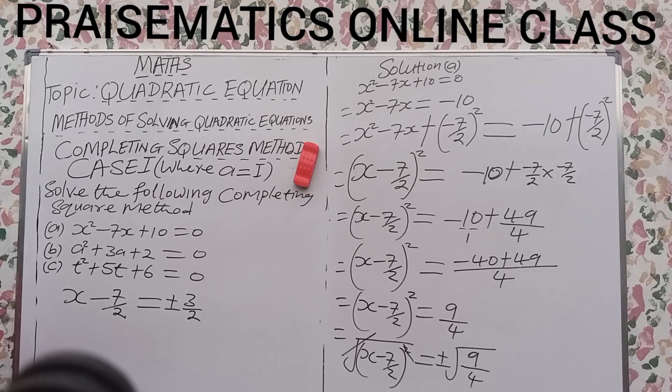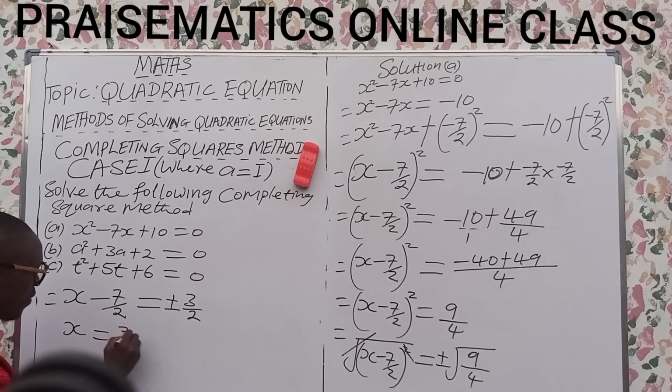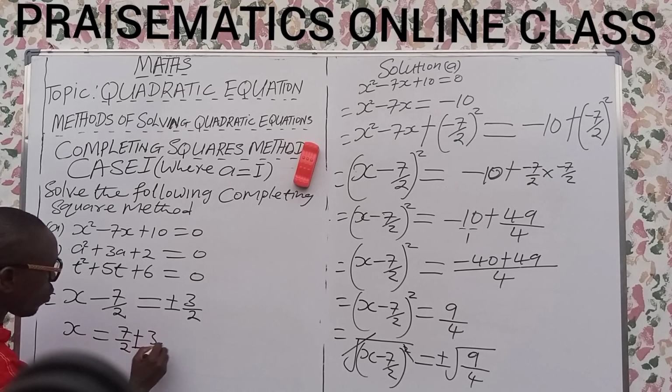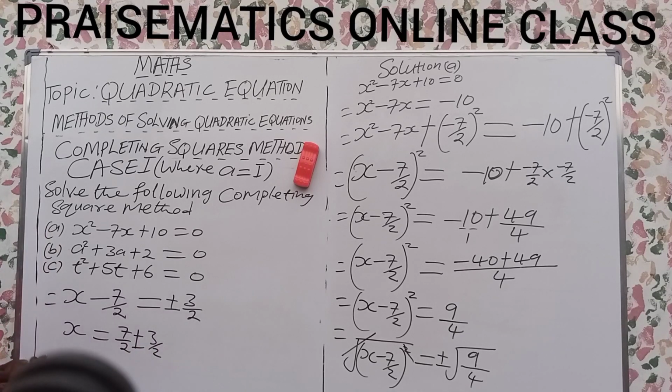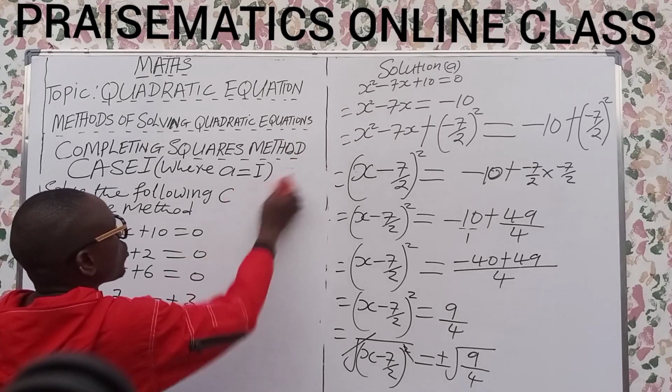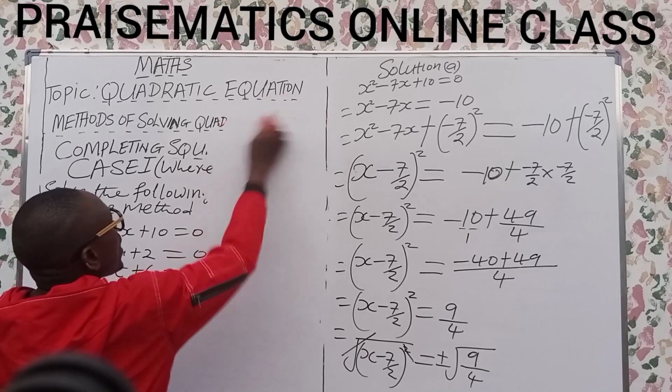Last step. Make x the subject of the formula. x is equal to this minus 7 over 2 will cross the sign of equality to become 7 over 2 plus or minus 3 over 2.